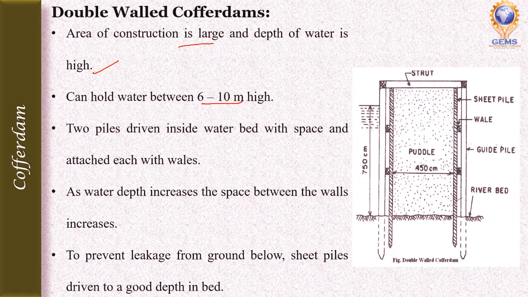The difference between the single-walled and the double-walled cofferdam is that in the double-walled we will have two walls instead of one wall. So it will give some extra stability. We have to insert two piles into the water bed with space between them, and they should be attached with wales.